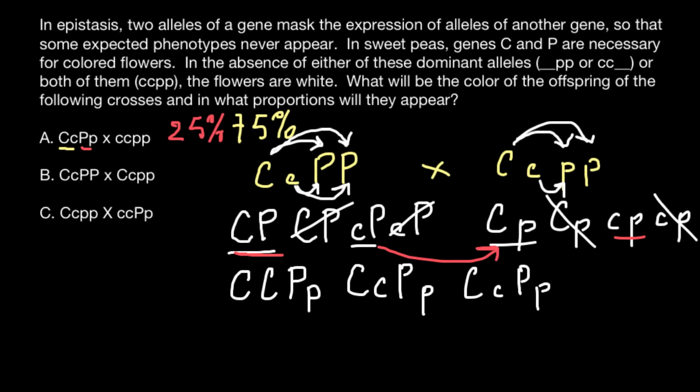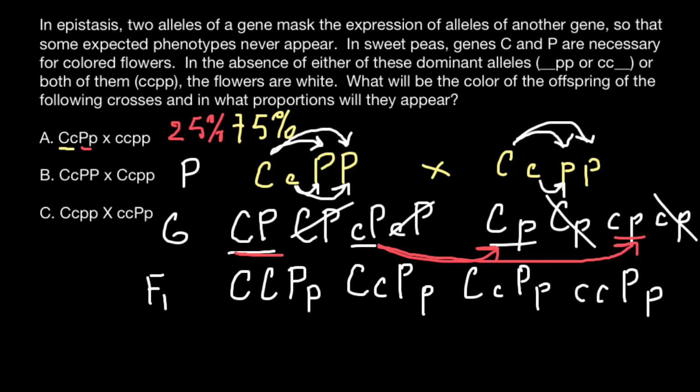And now we have to cross the same genotype with the second pair, and this is going to be small c, and capital P, small p. So once again we have four genotypes here, diploid organisms, and this is going to be the F1 generation, and this is going to be gametes, and this is going to be the parental generation.